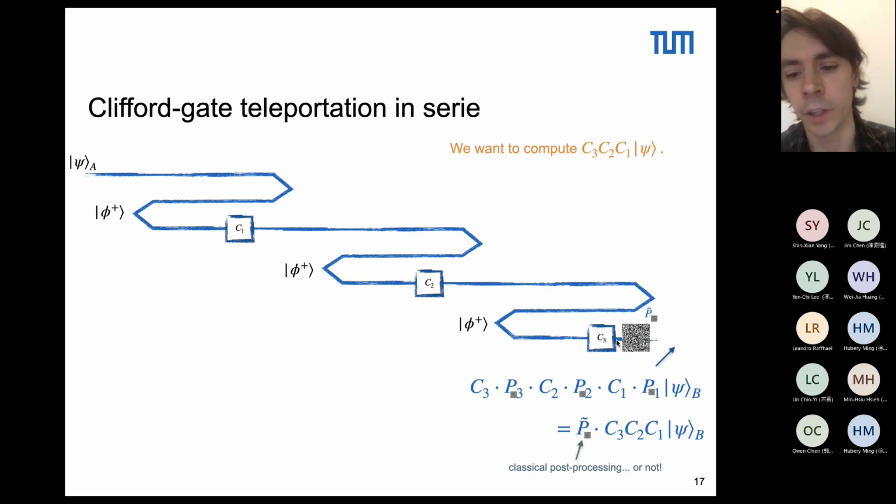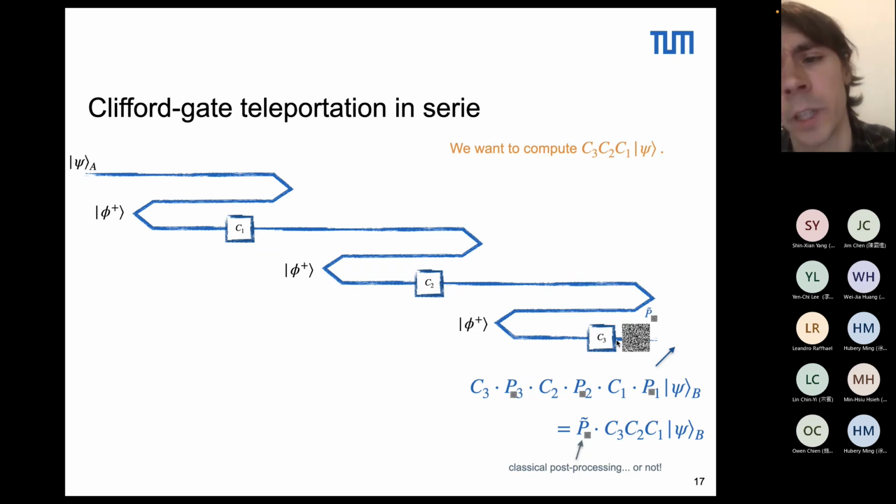And now, given the knowledge of P1, P2, P3, and C1, C2, C3, we can recover what this noise was. And then, after the measurement, we can correct it if we want. And we will see that for our construction, we don't even need to correct it. It's just important that the noise comes after all of the gate operations that we've applied.